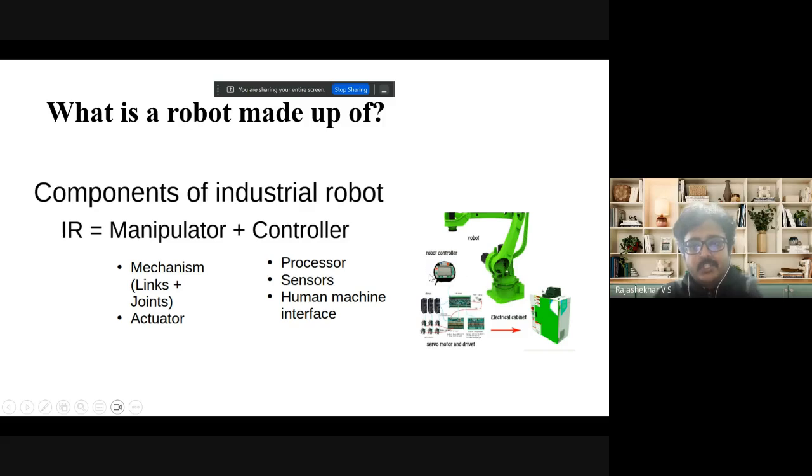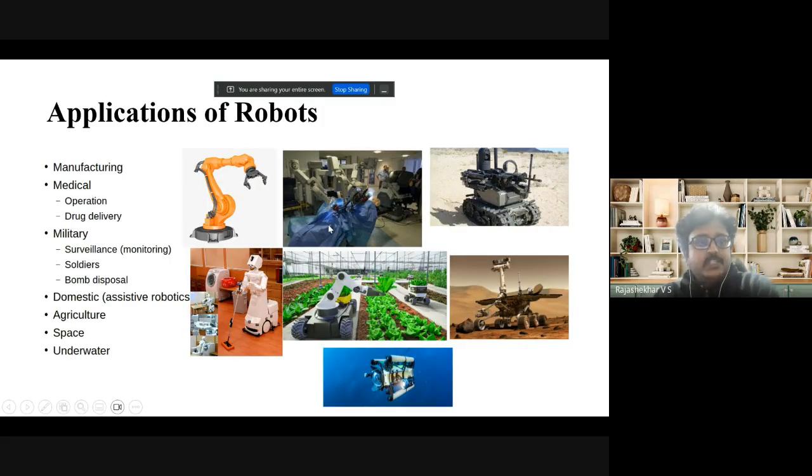This is the human-machine interface, which is the controller, and this is the robotic arm, which is the main part of the robot. Applications: I don't want to deal much with applications because you must have been seeing videos on the internet and textbooks you must have studied. I kept it short in one slide. This is the use for manufacturing. The robotic arms can be used for medical applications.